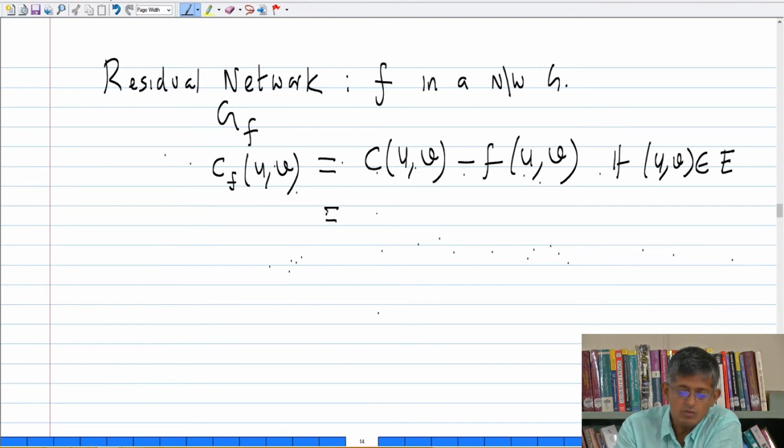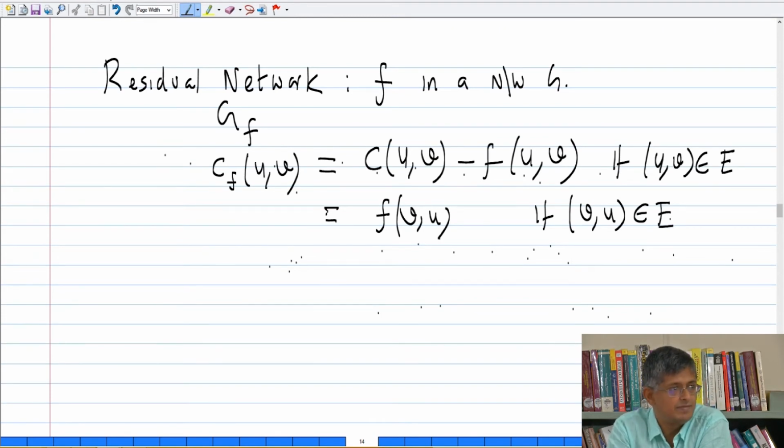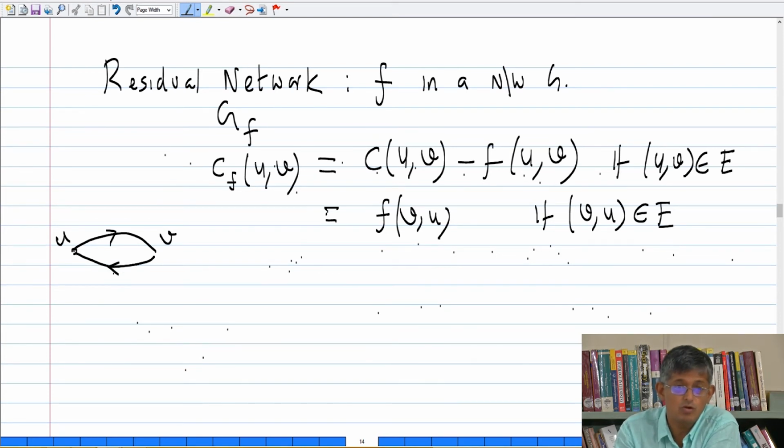It is equal to f of v comma u if vu belongs to E. This is a bit of the tricky one. Remember that in the network you don't have anti-parallel edges, so which means you don't have this. This you don't have in the given network, so actually it only looks like this.